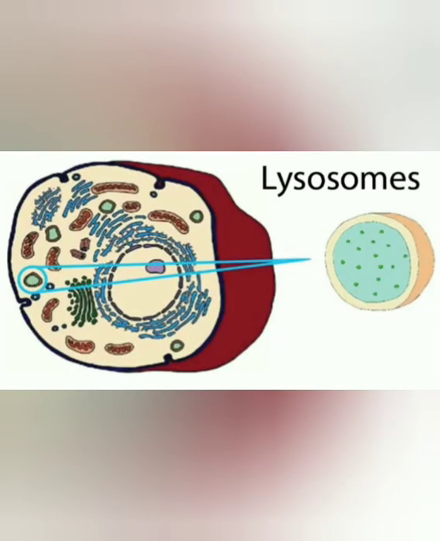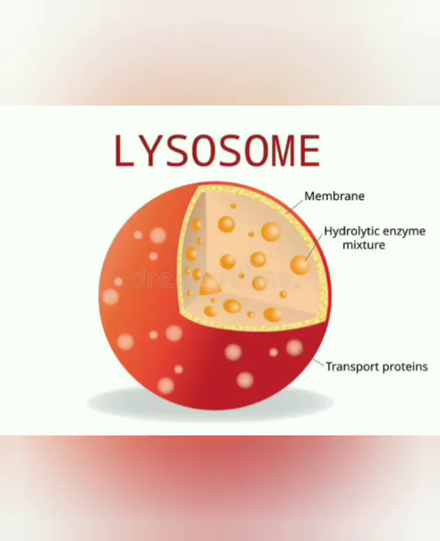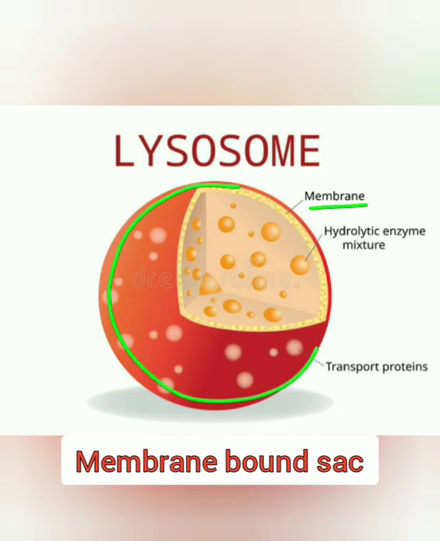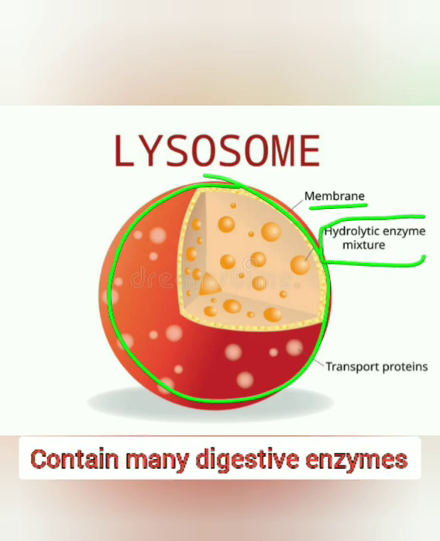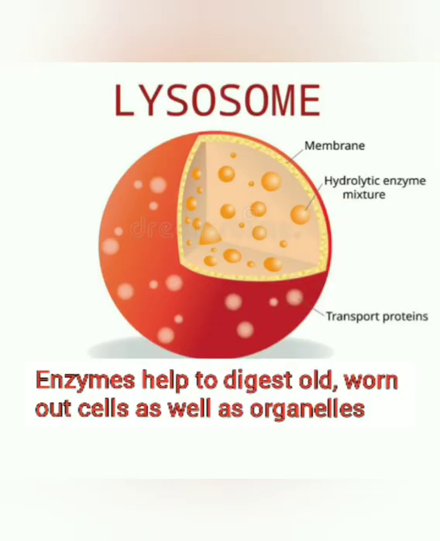Next is lysosomes. As we know, Golgi bodies help in the formation of lysosomes. So lysosomes are membrane bound sacs present mostly in animal cells and contain many digestive enzymes. These enzymes help to digest old worn out cells as well as organelles.